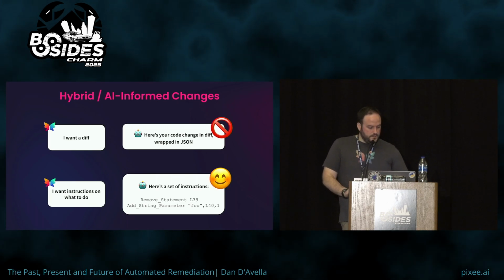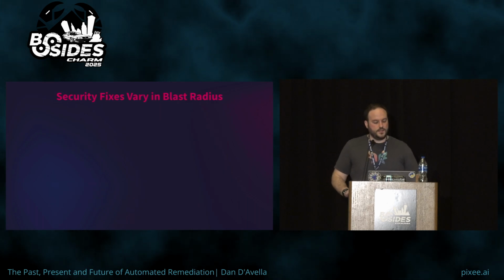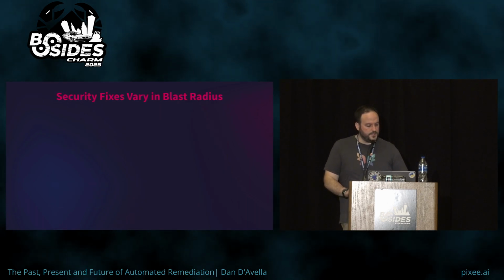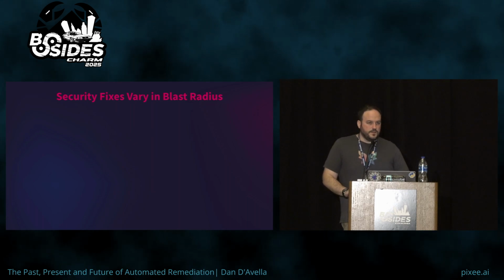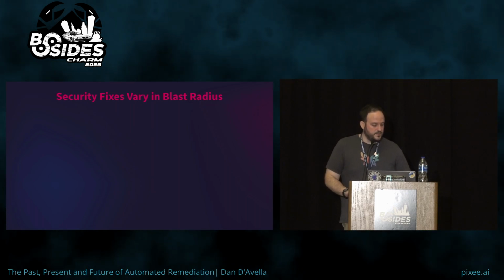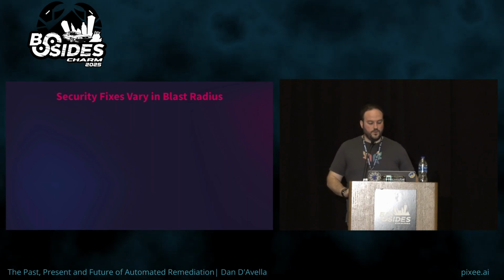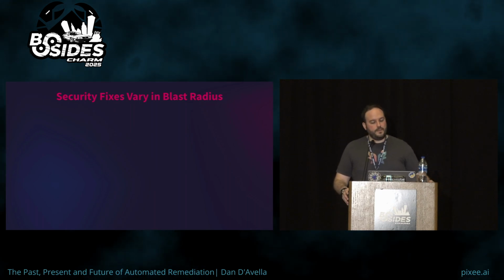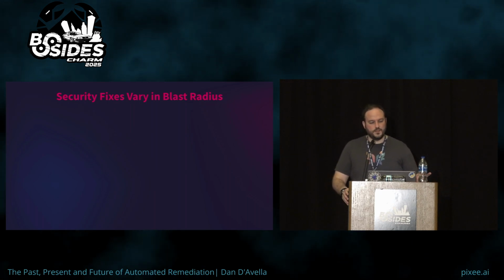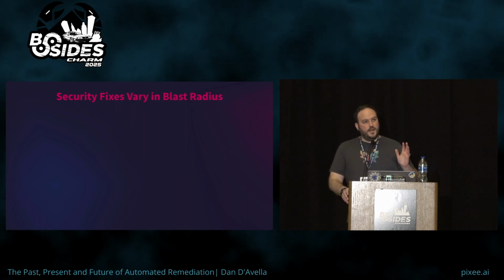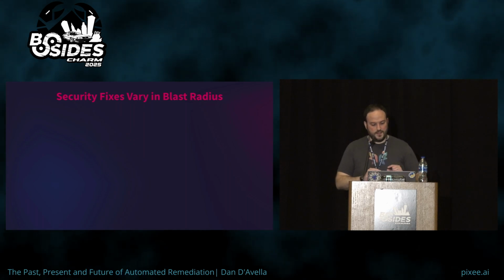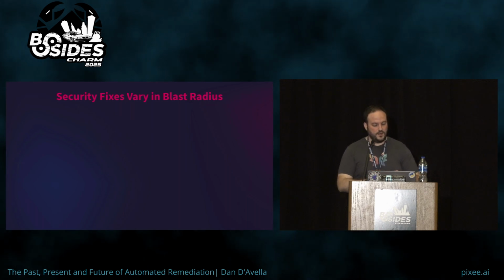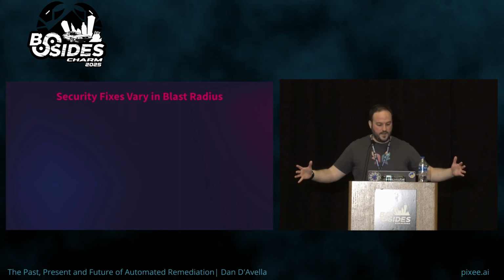Just to shift gears to something else we need to consider when doing automatic vulnerability remediation: different kinds of security fixes have different what we refer to as blast radius. There are changes that may be very simple to describe, and that change may have an impact limited just to the code that you're changing right there, or it may break your entire application.